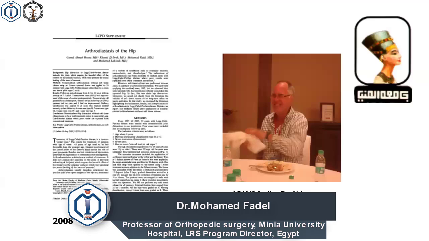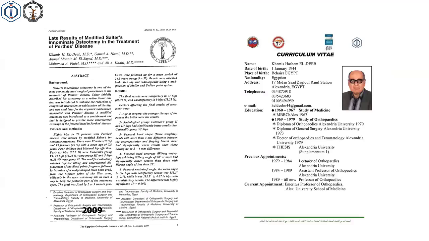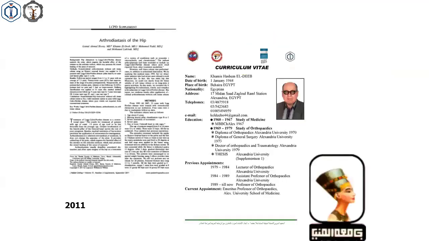This gave us a chance to present some papers, even non-Elizarov papers, such as the one with Professor Khamis Dib about late results of modified sutures and innominate osteotomy in the treatment of Perthes disease.